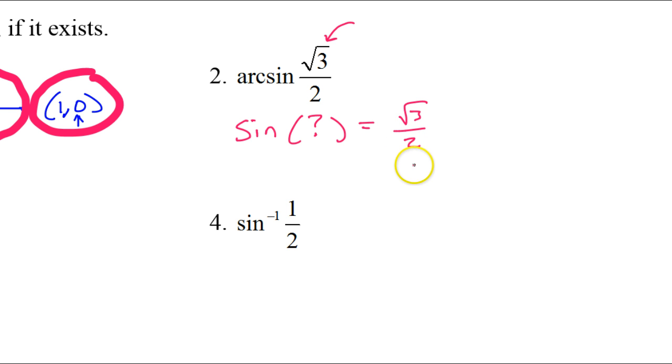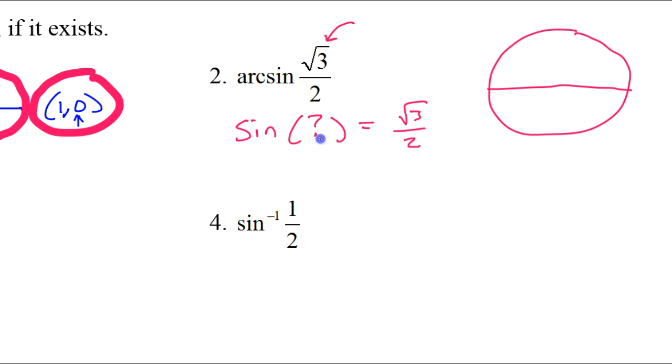This is a question you should be asking yourself. Well, based on the things that we have memorized, a reference angle should be popping into your head, and that is pi over 3. We know that the sine of pi over 3 is radical 3 over 2. That's one of the things that we memorized.